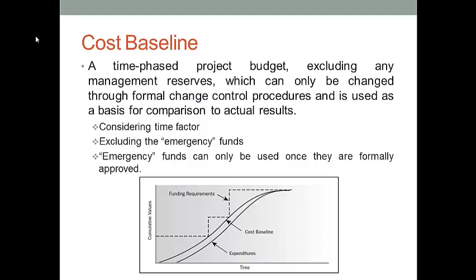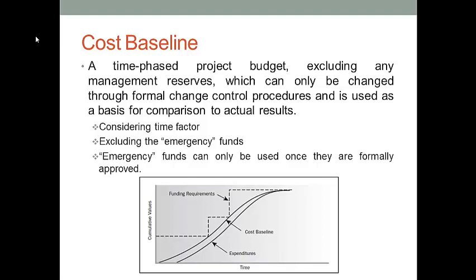After you allocate these resources, you can draw a cost baseline. The picture on this slide shows everyone an example of a cost baseline. It shows how much financial resources should be invested when the project goes along.